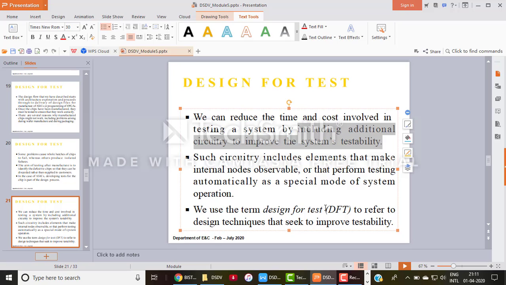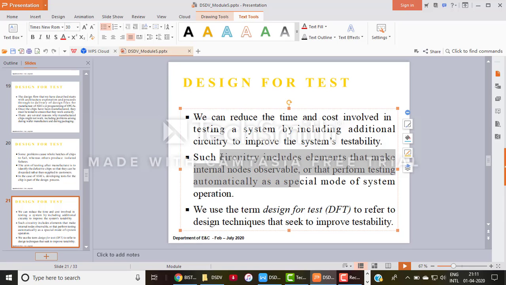That's why we name it design for testing. This additional circuit includes elements that make internal nodes observable, or that perform testing automatically as a special mode of system operation.